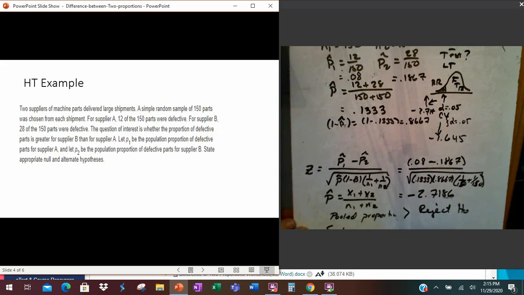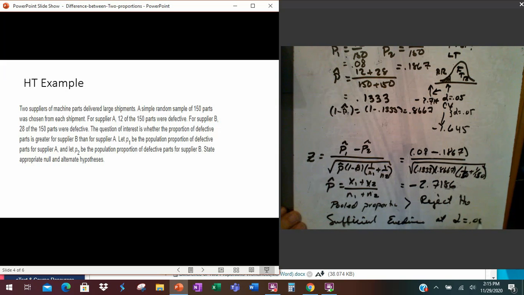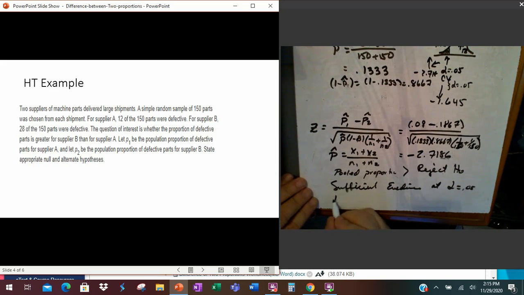So there's sufficient evidence at alpha 0.05 to support the claim that P1 is less than P2, the proportions. Okay.